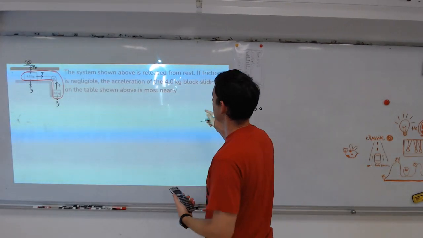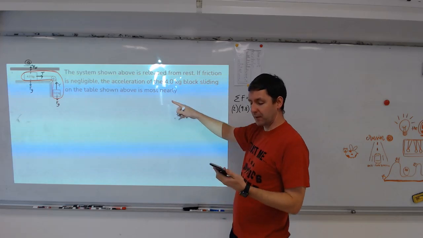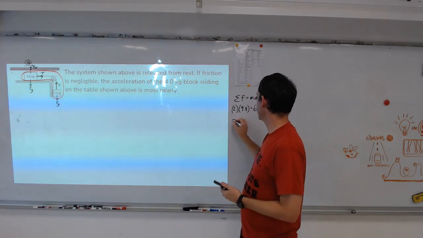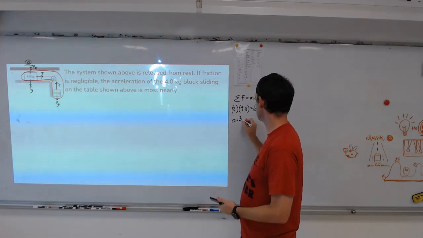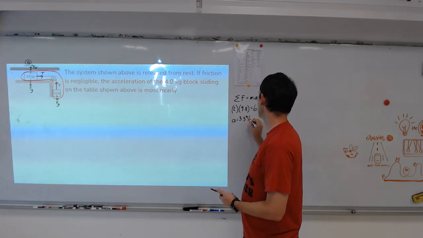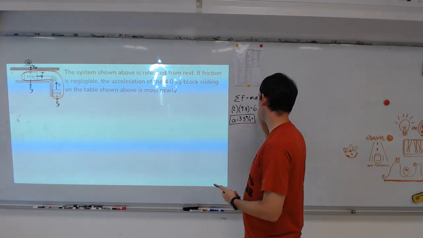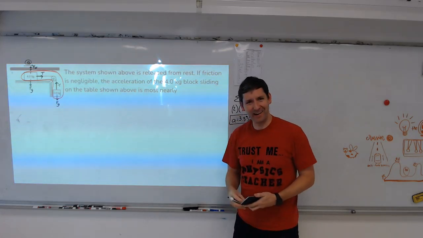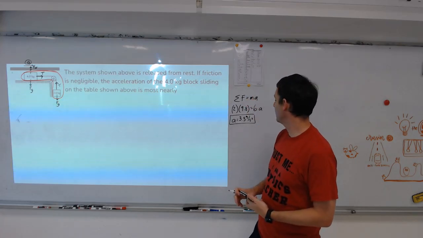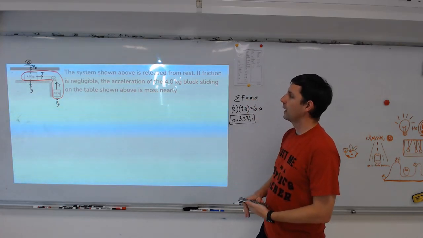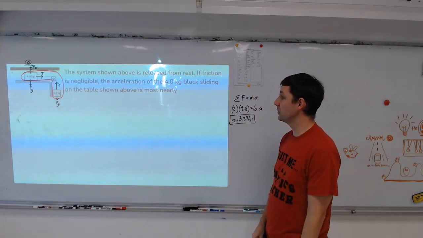Now, it looks like I only have 2 significant figures here, so I'm going to write my final answer as the acceleration is 3.3 meters per second squared. Just like that, all right? Okay, we are doing pretty good right now. Let's go ahead and move on to the next question.